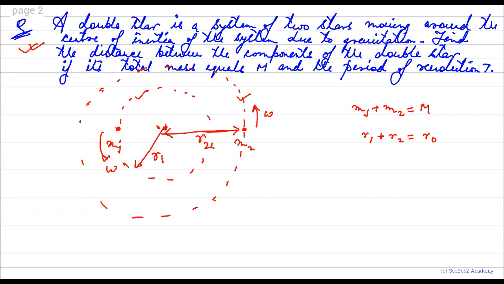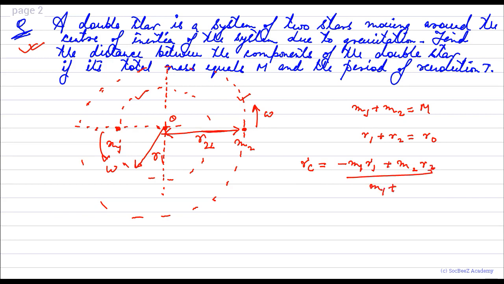Now if I define the coordinate system with the center of inertia as my origin, I'll write RC equals minus m1 r1 plus m2 r2 upon m1 plus m2.